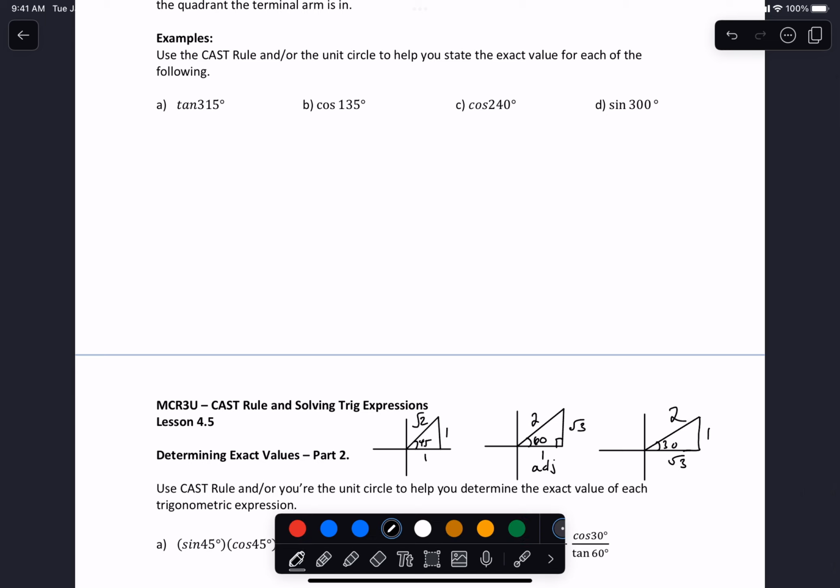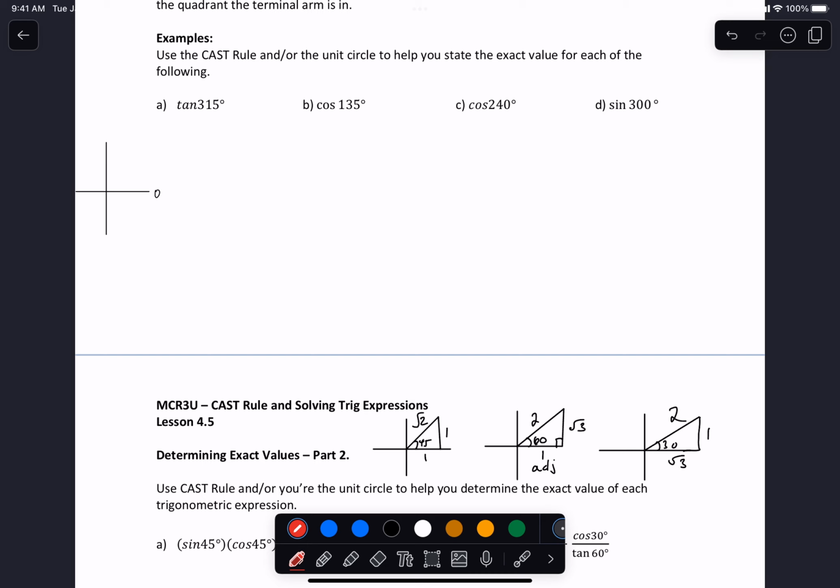So the first question you want to always ask yourself, and you could draw yourself a sketch to help, is where is 315 degrees? Well, if this is 0, I'm going to go all the way around. You remember yesterday we discussed going in the counterclockwise direction as being positive, and the clockwise direction being negative. What I'm interested in finding out is which of the three triangles I would need in order to produce 315 degrees.